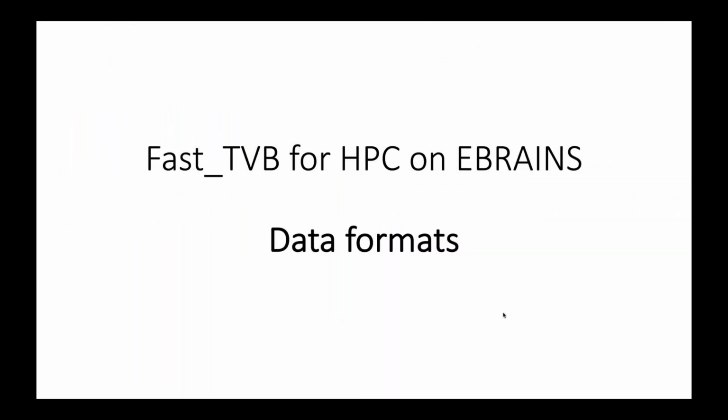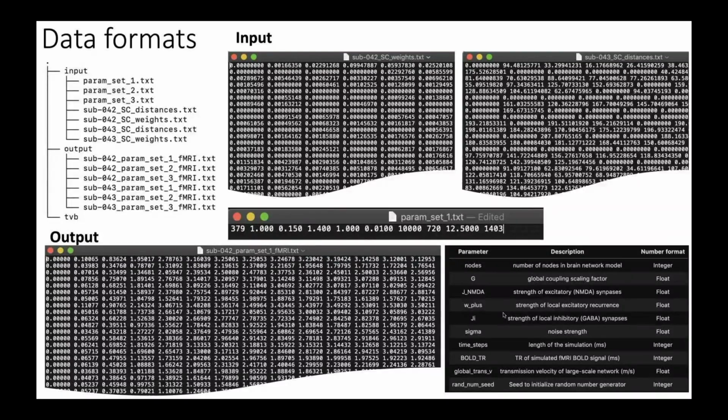What are the data formats? So this Fast TVB uses a very simple format, storing all inputs and outputs as plain text ASCII files. So all we need are basically two folders, input and output. And within these folders, we can store our weights and distances matrices again.